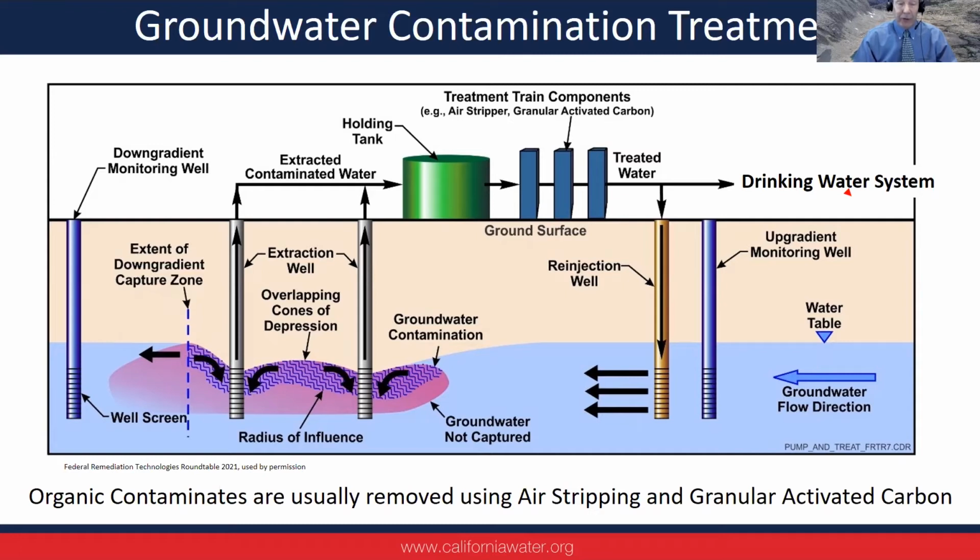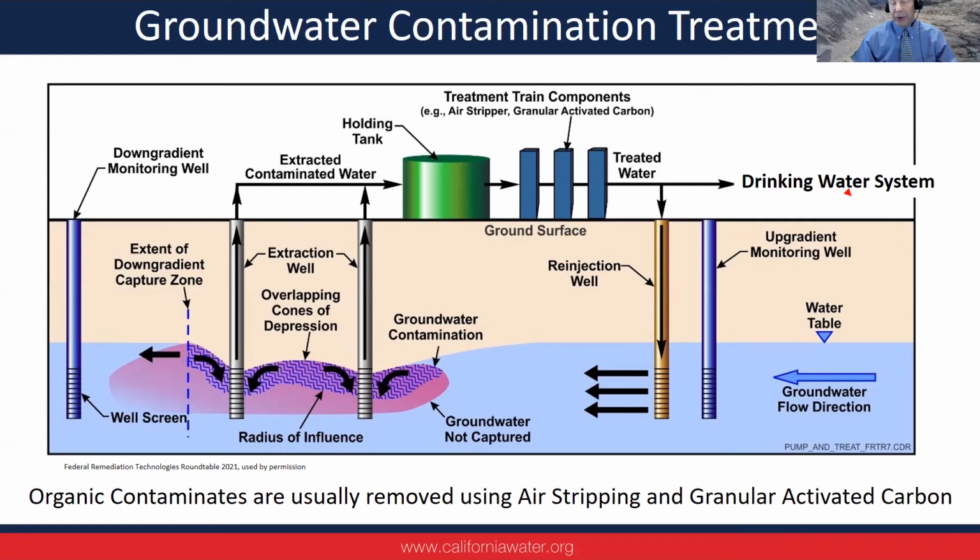These extraction wells indicate wells that are either there for treatment, or could be extraction wells used by a city or your own private well to provide drinking water. Typically, the water will go into a holding tank and then be sent through a series of treatment processes to remove these organic compounds.